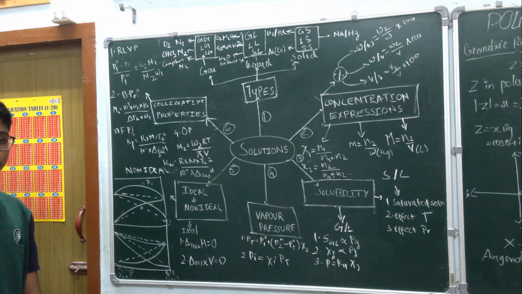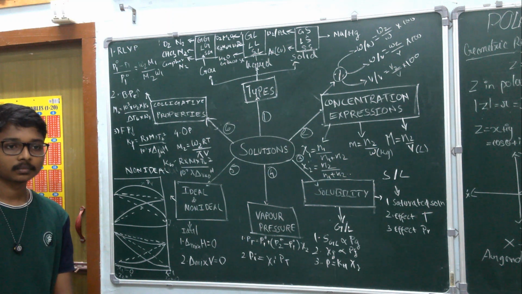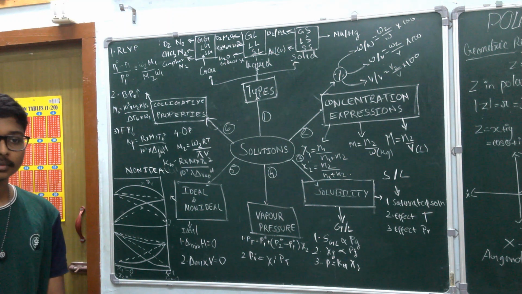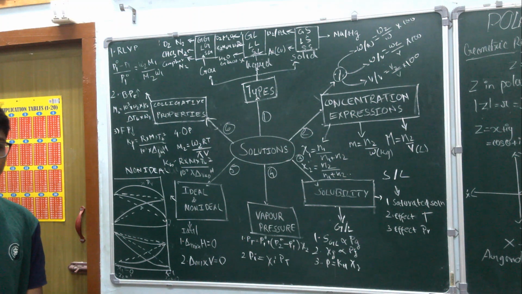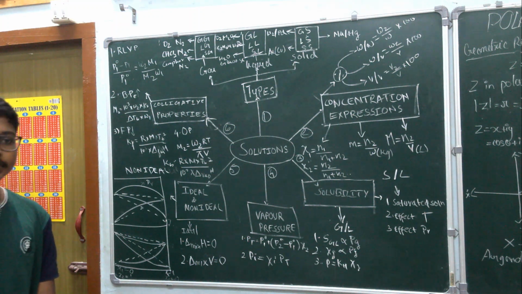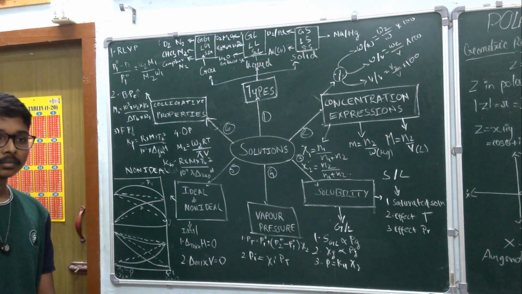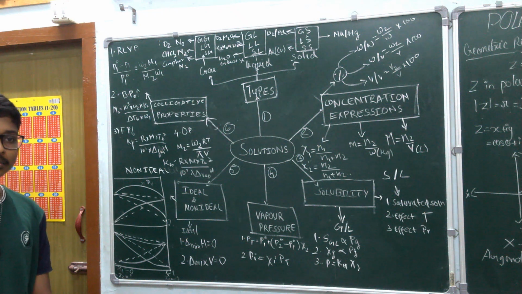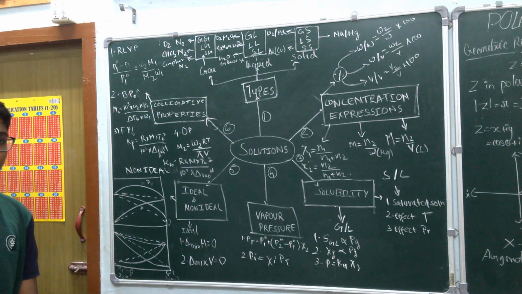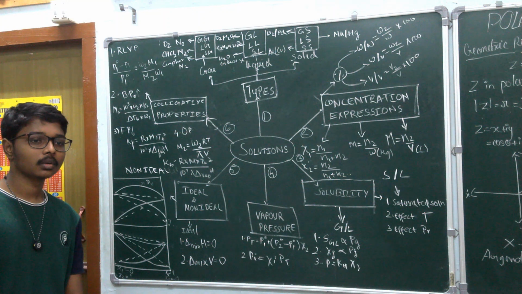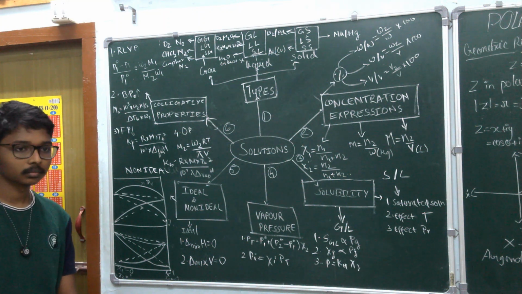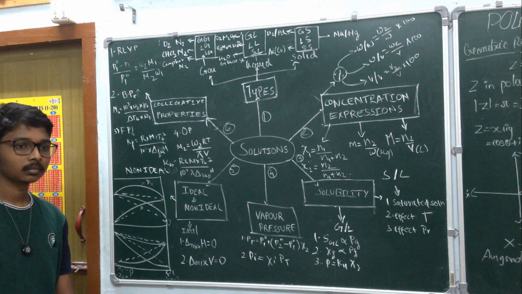Otherwise, it would be very difficult to identify a molecule, and taking a suitable balance for weighing such a very tiny particle is very difficult. So with the help of experimental parameters, we are able to find the molar mass of the solute. That is the greatest advantage of colligative properties.